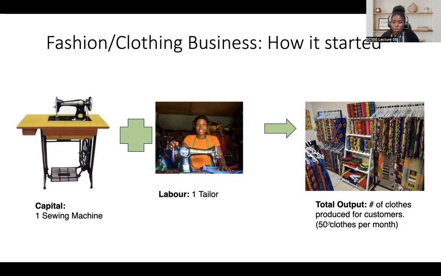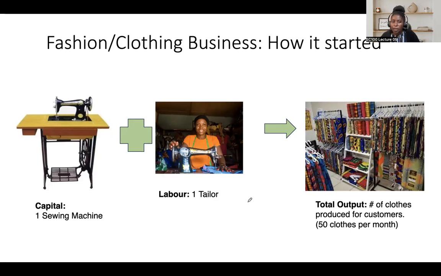Some days she produces 2 dresses and some days 1, but mostly at least 2 dresses, I think, if you divide by 30. Which is a bit much, I think, but this is just for the purpose of learning. So from how she started, this is how her business is laid out. With a demand of 50 clothes, she can manage everything.